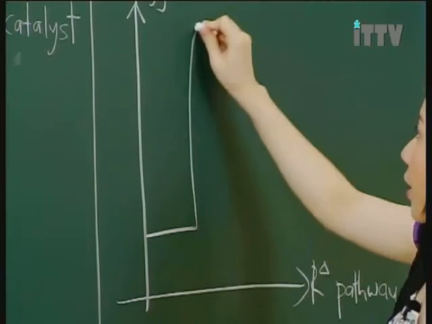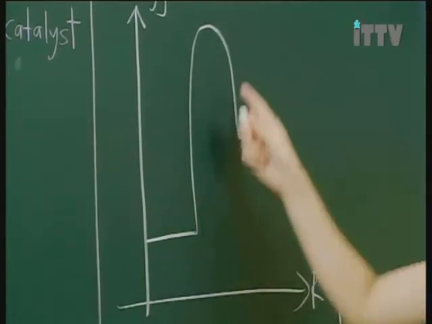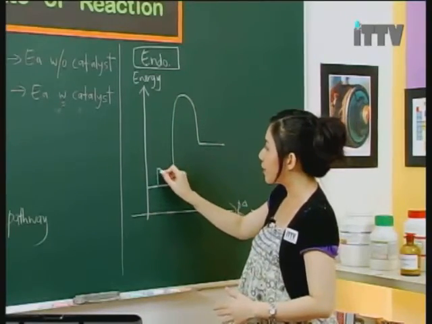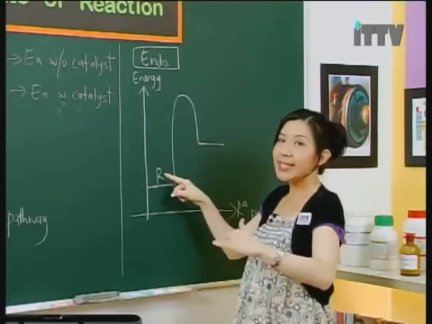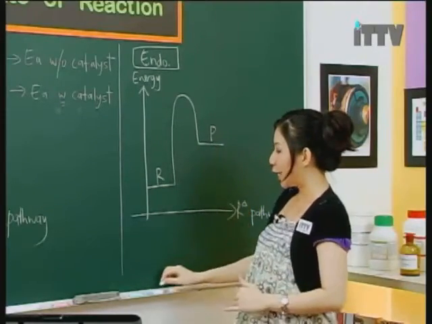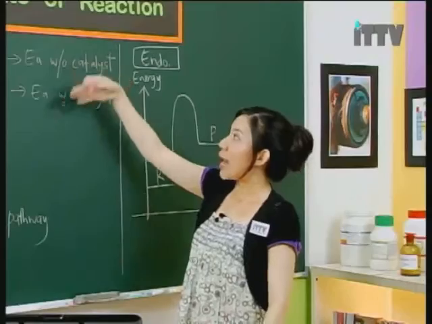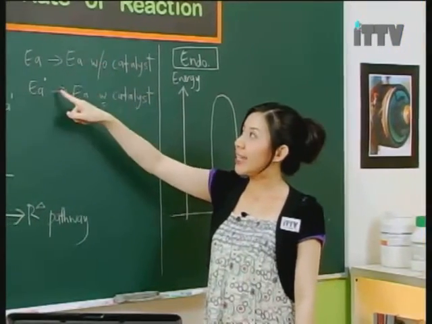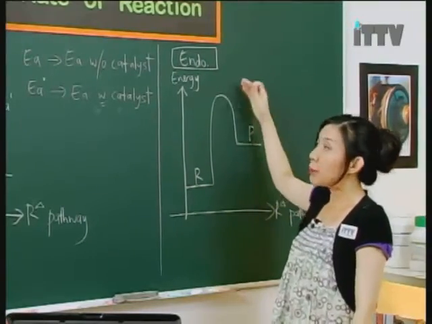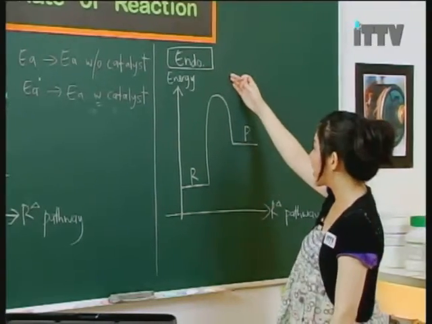So the energy profile diagram for an endothermic reaction looks something like this, whereby the reactants are at a lower energy level than the products. So using the same abbreviations, EA, EA prime, let's see how the activation energy will be like without a catalyst.